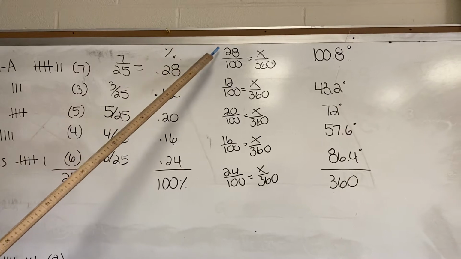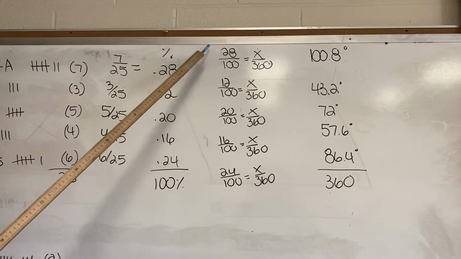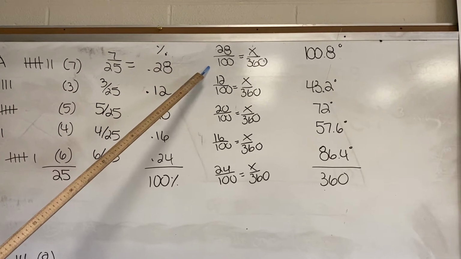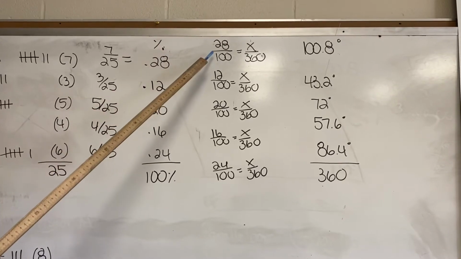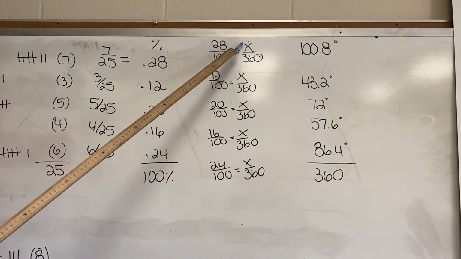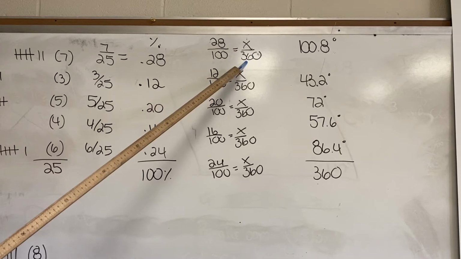So it's 28% over 100% is equal to how many degrees out of 360?